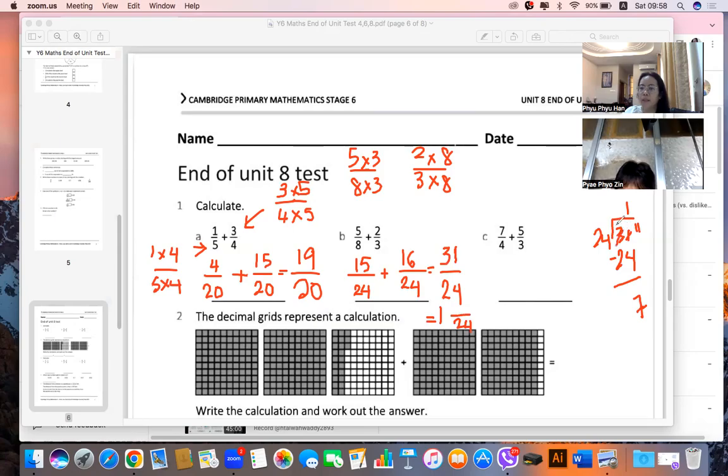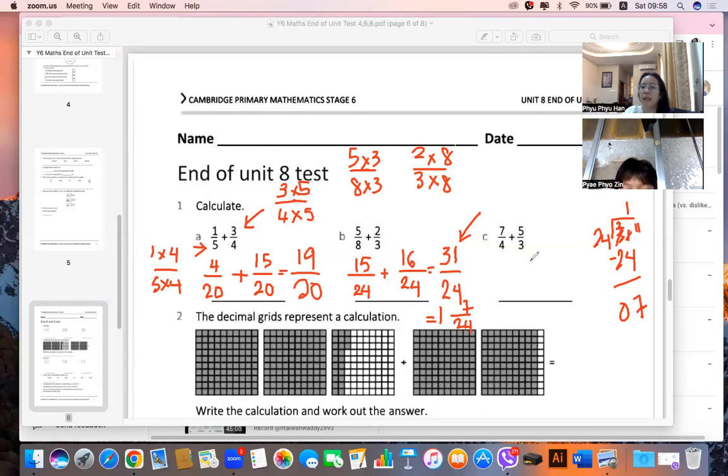So this becomes 1 and 7 by 24. So this is the answer. If you do not want to leave it like this, you can make it like this. This will be a mixed fraction, one whole number and 7 by 24. So this is the answer.